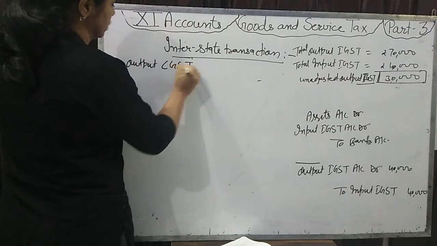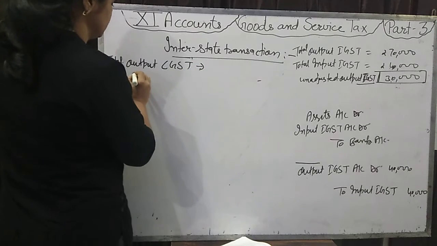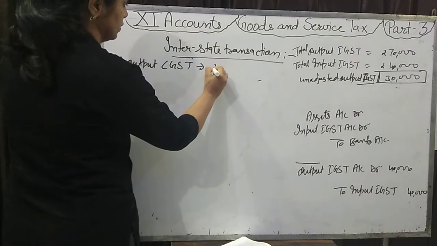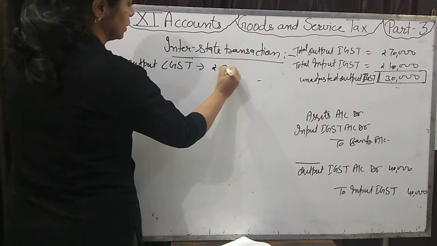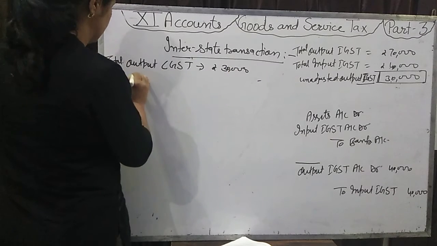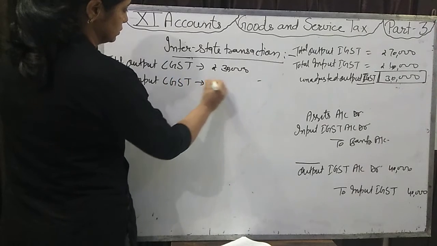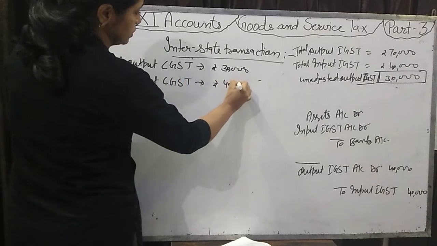If the firm has total output CGST of rupees 30,000 and total input CGST of rupees 40,000.